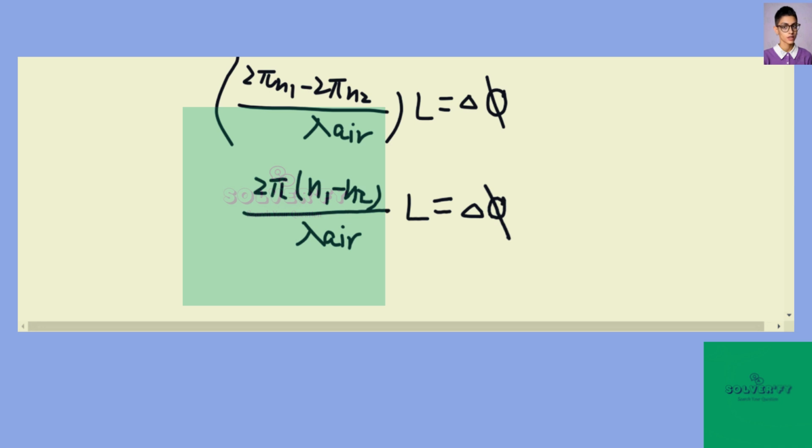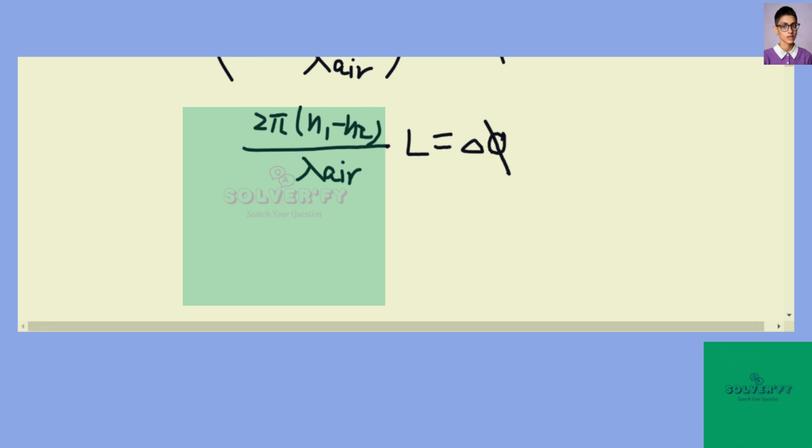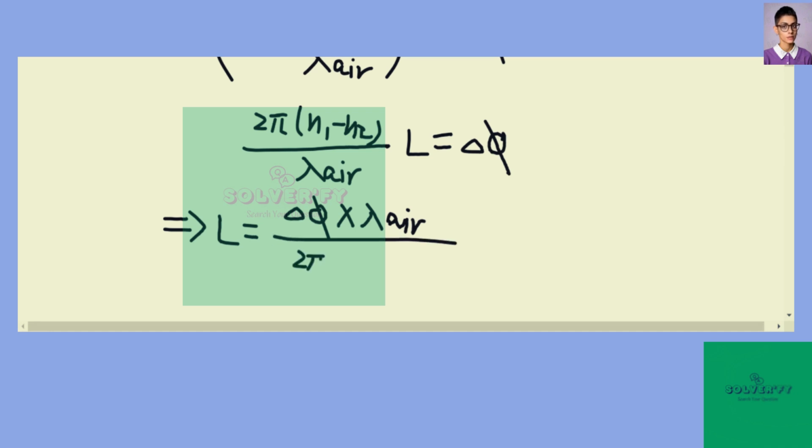So this will give us L is equal to delta phi times lambda air over 2 pi times n1 minus n2. All I did here was simplify the equations in order to get the equation we want, which is the equation set equal to L.